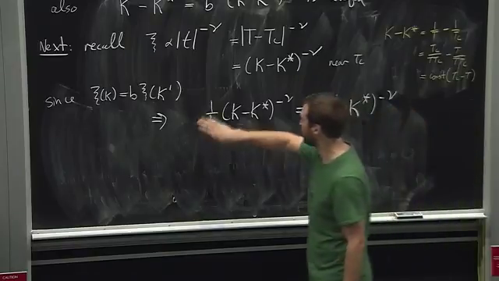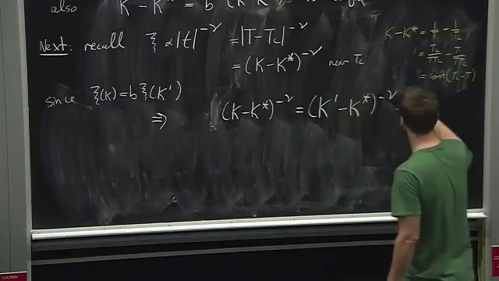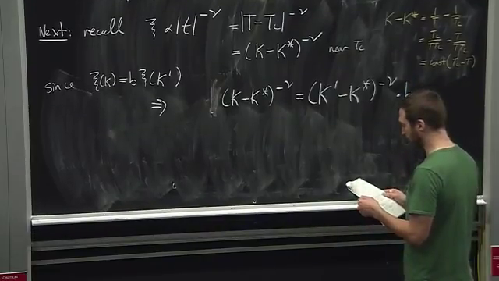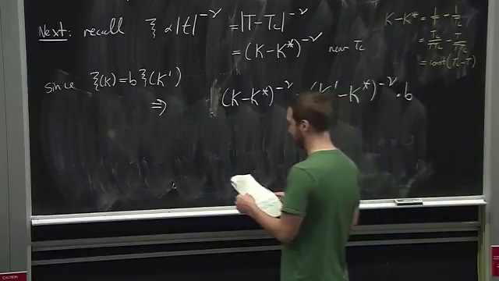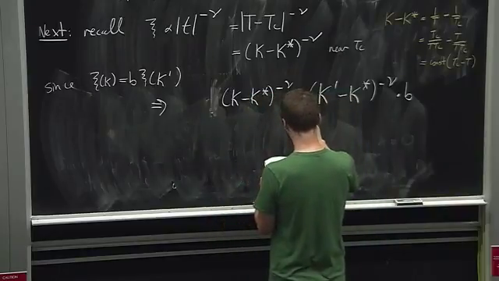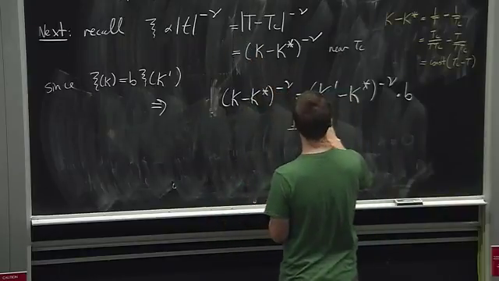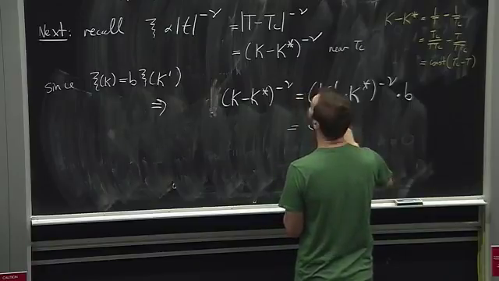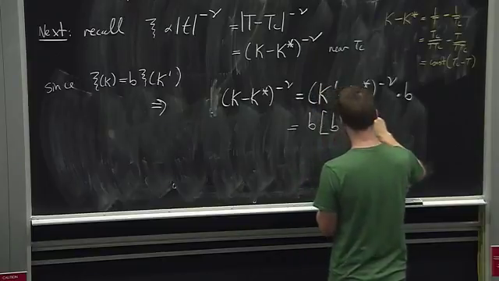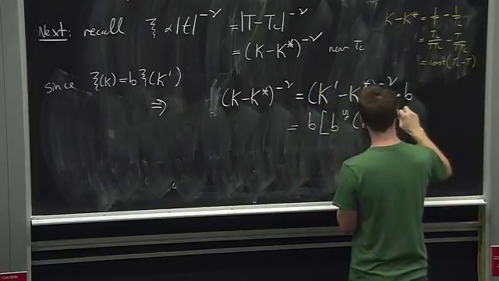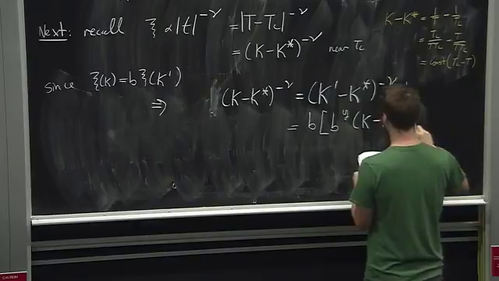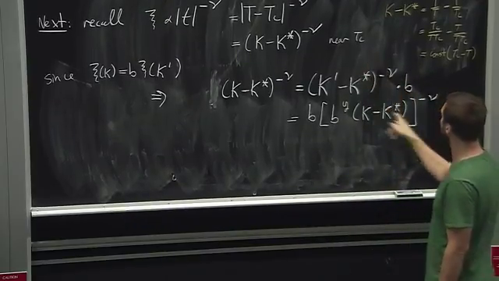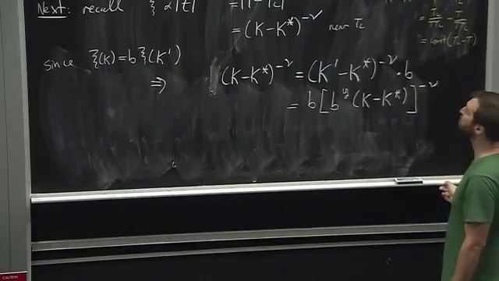Right, I just wrote it here. So let me put b on this side. Okay, so that's just rewriting the correlation length. But the right-hand side here is 1 over b. So now I can use that equation. So it's actually b times b to the y, K minus K star, everything in square brackets to the minus nu, right?